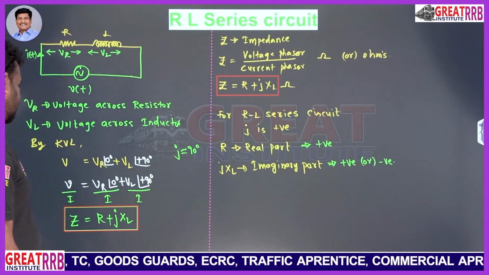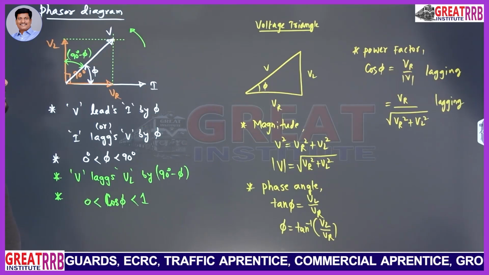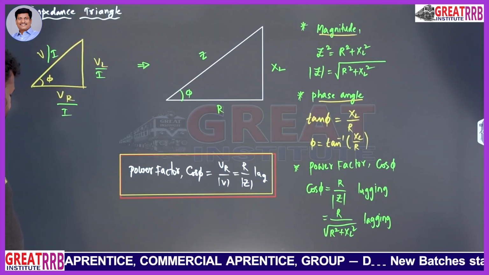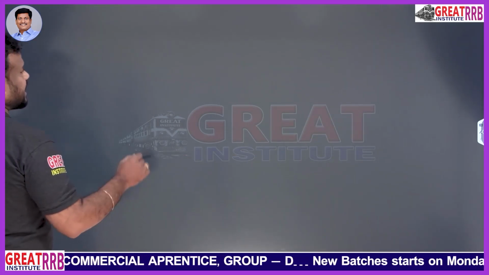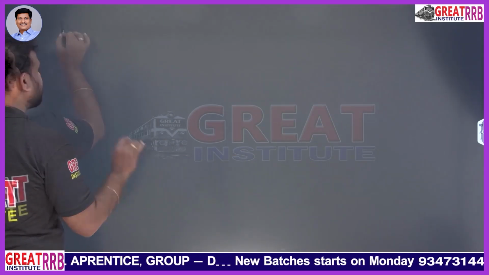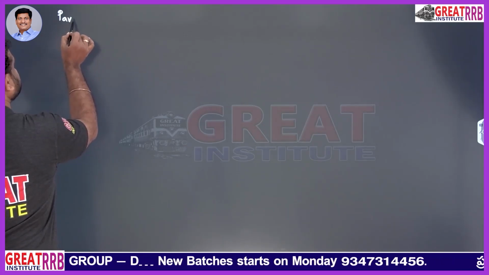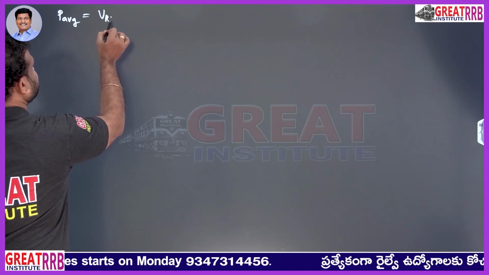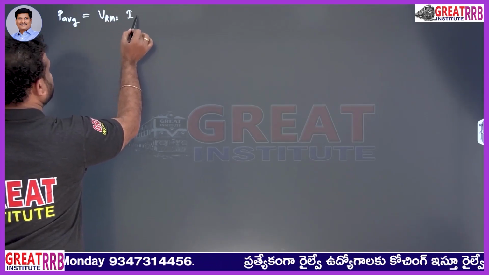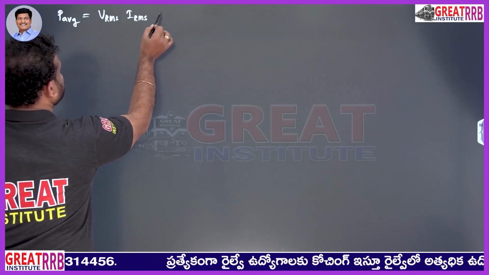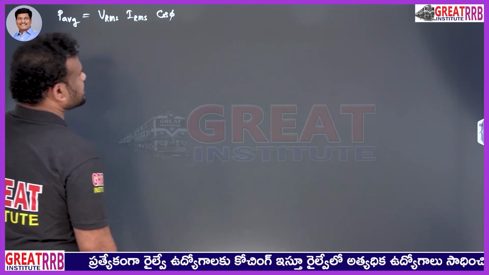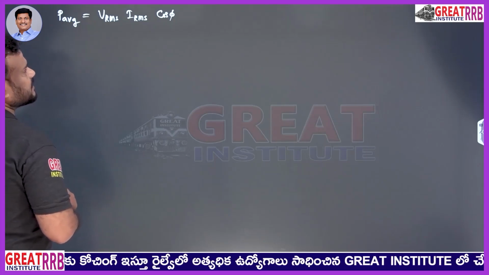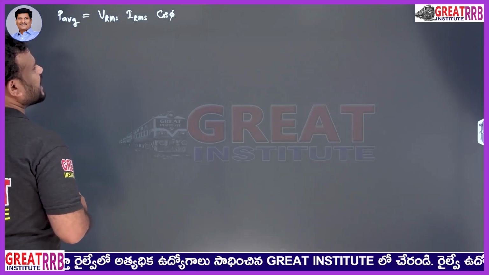Now my question is, sir, if an RL series circuit is there, do we have any power factor? Yes, of course, there is. We write the average power for this circuit as VRMS into IRMS into cos phi. This is the average power. Why have we written cos phi?